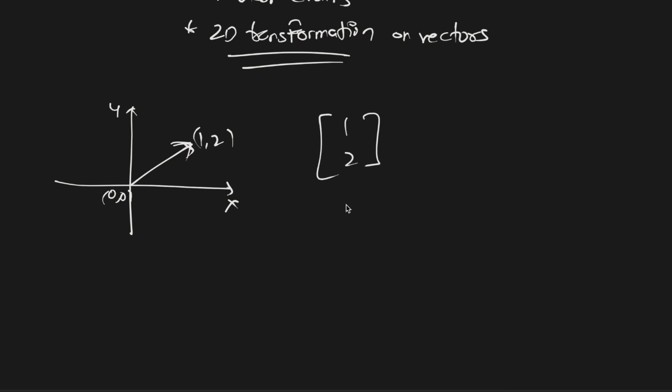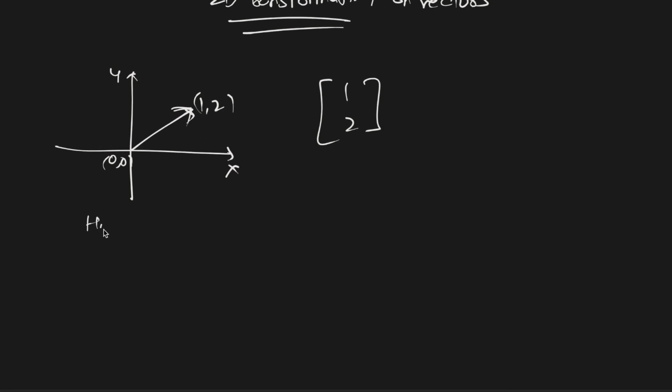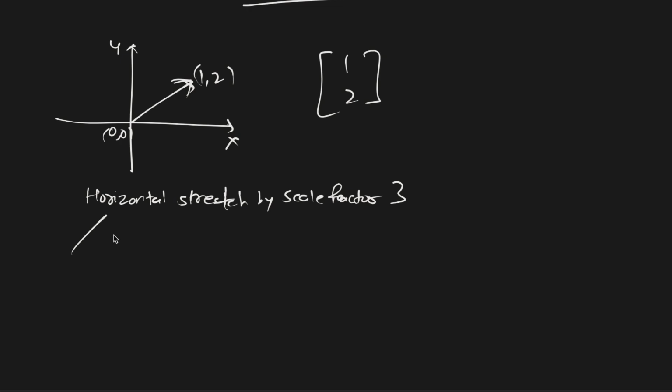Okay, now suppose I want to stretch this vector horizontally by a scale factor of 3. So to achieve a horizontal stretch by scale factor 3, or the same transformation, you can state it as stretching by scale factor 3 parallel to the x-axis.